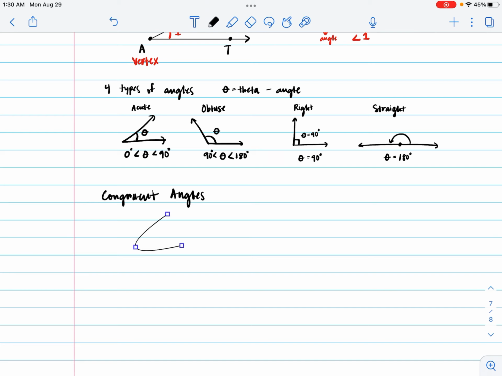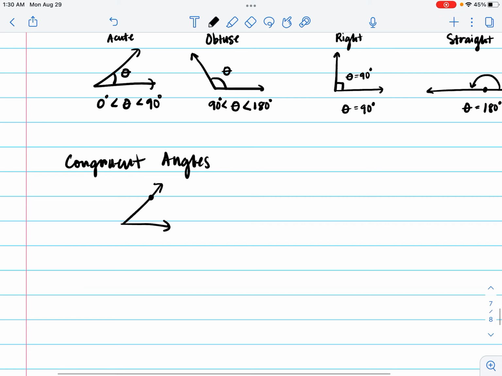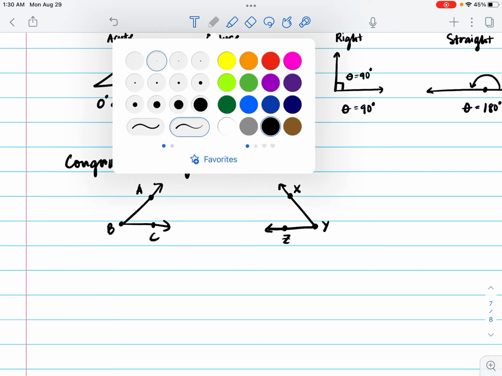And if I were to create an angle, ooh, that's not an angle. No, not again. So let's just do it. If I were to say this is, let's go ABC. Just keep it simple. And let's draw another one. Let's point this in a different direction just to be a little bit different. And I'm going to put here 3 points, X, Y, and Z. Okay?